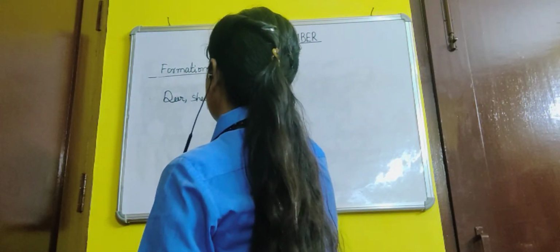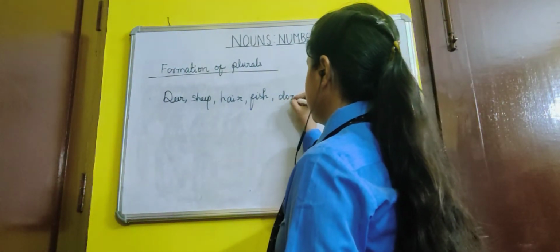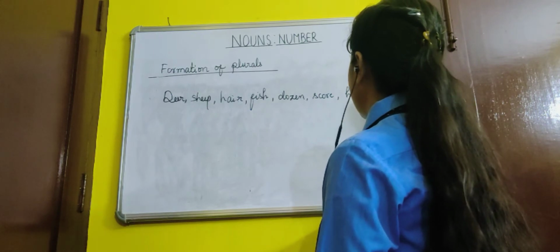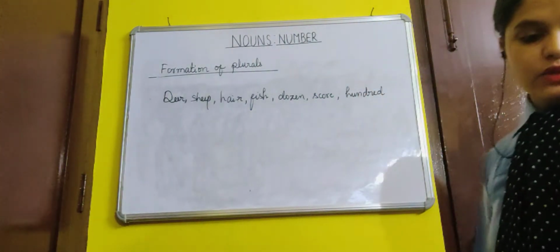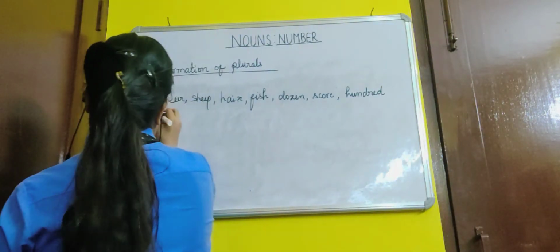Okay, so such words are deer, sheep, hare, fish, dozen, stone. Okay, so these are such words, these are such nouns.